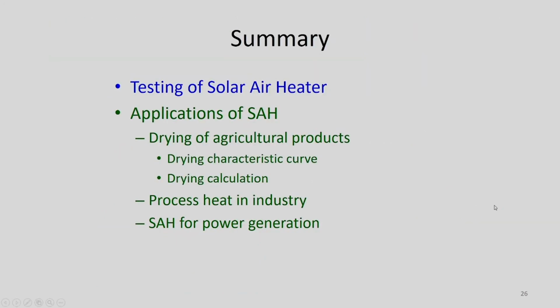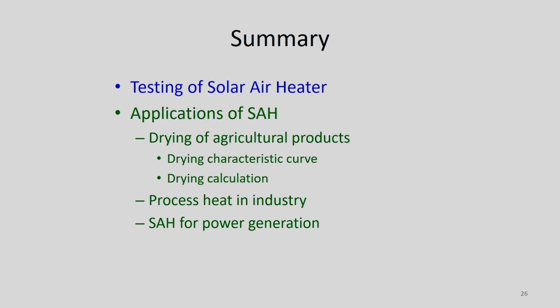Now, let us summarize what we have discussed today. Primarily we have discussed the testing of solar air heaters, what the different instruments are and how this testing is done. This testing is done at different mass flow rates and at a fixed air inlet temperature. Also, we have learned about the different instruments: for flow measurement we need to use a rotameter or a sophisticated mass flow meter.